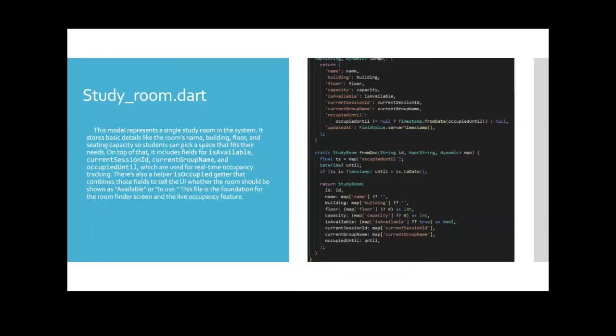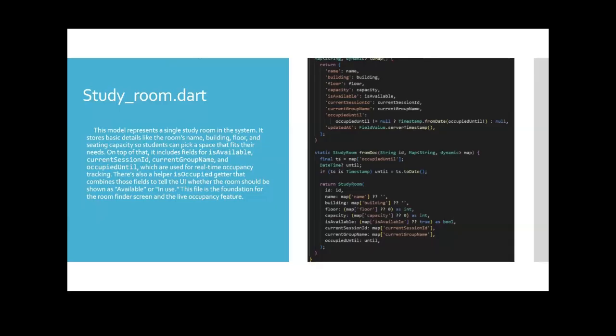Next here we have our study room Dart. The study room is one of our key points in our app. We have the study rooms, the group sessions, the work groups, stuff like that. So this is just one of those things. We created the study room group as a way to rent rooms, and it will show if it's available or not available.